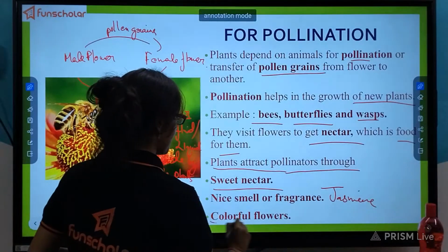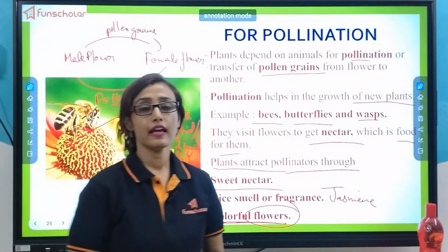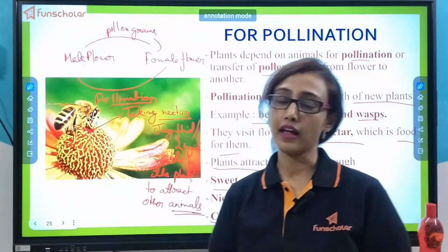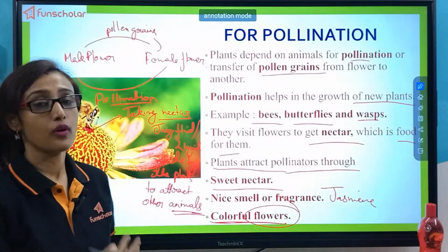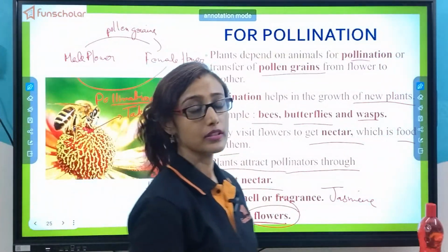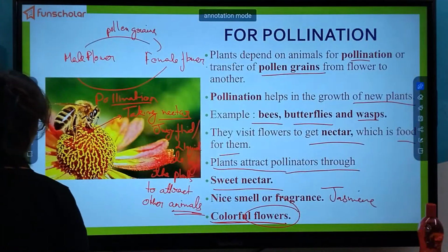And colorful flowers. Flowers are the most attractive part of the plant, and the nectar is formed in the flowers itself. Why, you know now? Because the plants need to carry out the process of pollination.